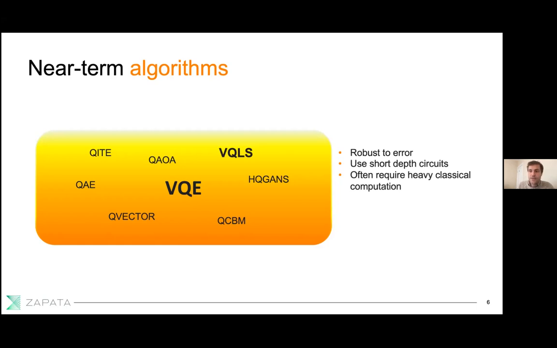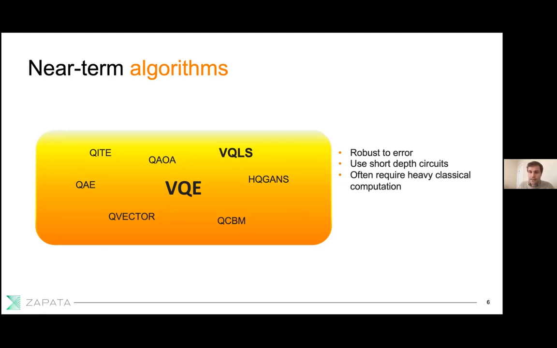These algorithms are characterized by their robustness to error. They tend to use fairly short quantum circuits, short depth quantum circuits, and they often require a heavy load on the classical computer, such as some kind of classical optimization.